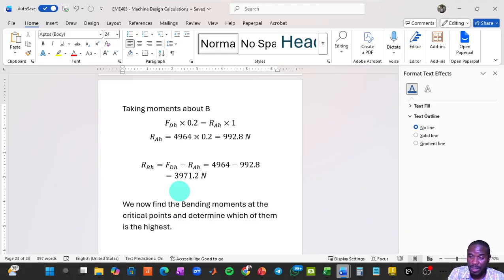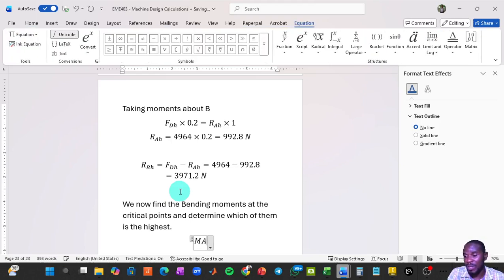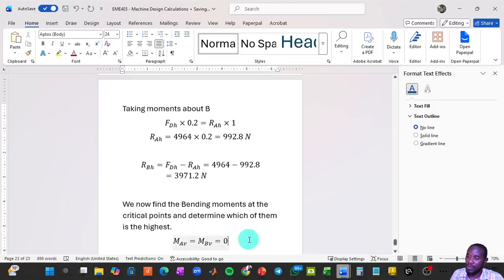There's no bending moment. So we automatically know that the bending moment at point A in the vertical direction is the same as the bending moment at point B in the vertical direction, and they're all 0. So this is us finding vertical first.